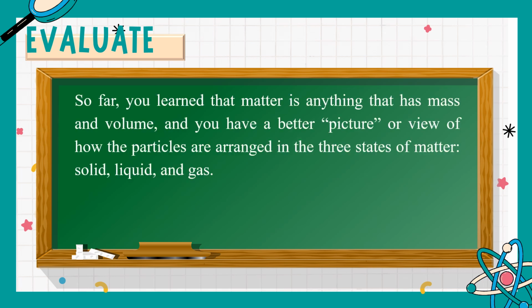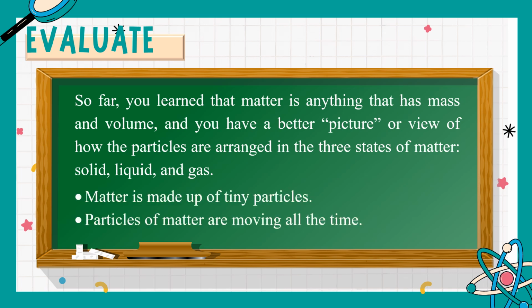Now let's evaluate. So far, you learned that matter is anything that has mass and volume, and you have a better picture of how the particles are arranged in the three states of matter: solid, liquid, and gas. Matter is made up of tiny particles, and particles of matter are moving all the time.